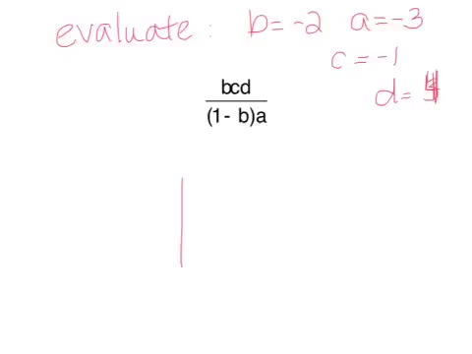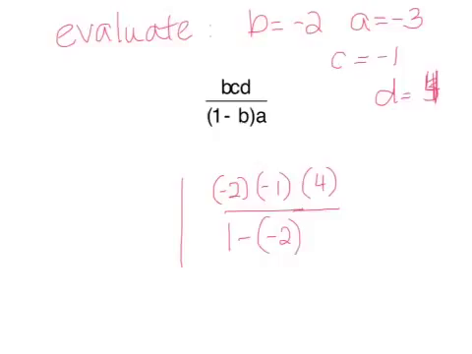So we're plugging them in. And remember I said anytime you plug something into an equation, put it in parentheses. All right, so we have b, negative 2, times c, negative 1, times d, which is 4, all over 1 minus b, I'm going to put it in parentheses, times a, which is negative 3. I'm going to make another bracket there.